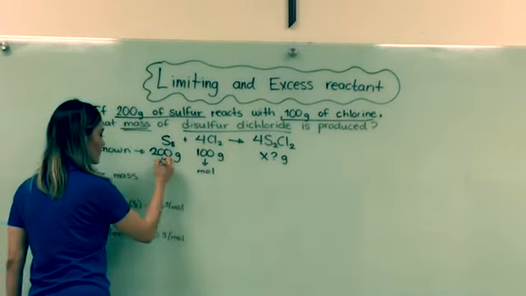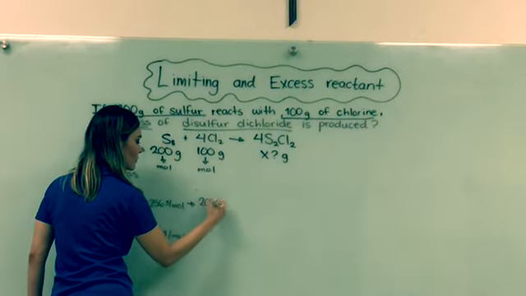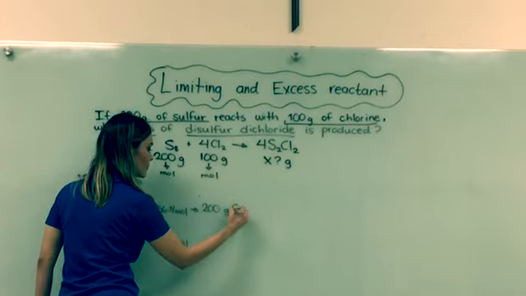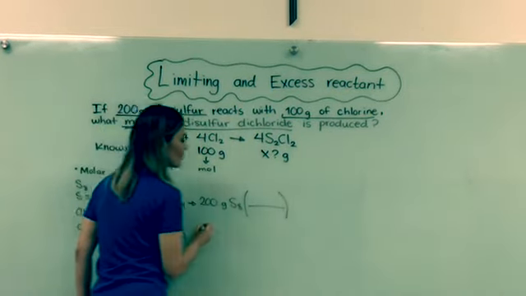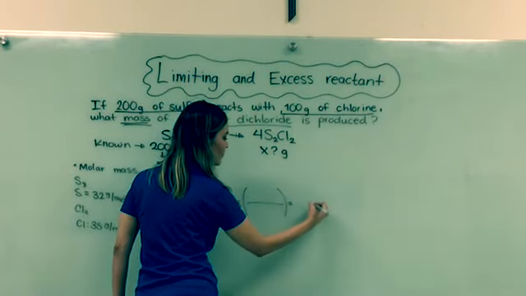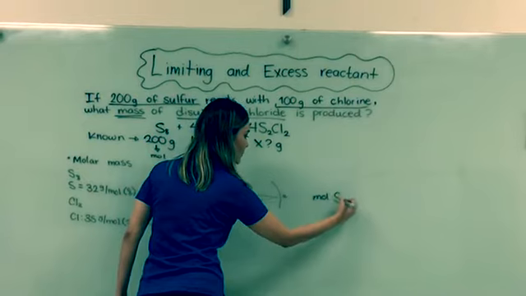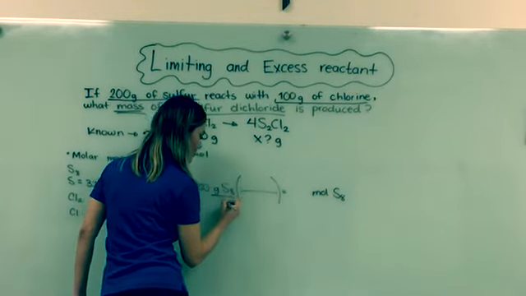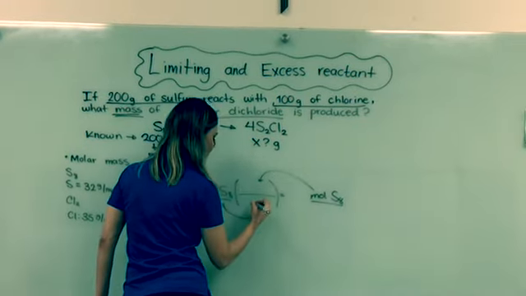When we already have these two amounts, we're going to convert the 200 grams of sulfur 8 to moles. Check that we're going to have grams of sulfur in the beginning and moles of sulfur at the end. So down in the fraction we're going to have grams of sulfur, and up in the fraction we're going to have the moles.